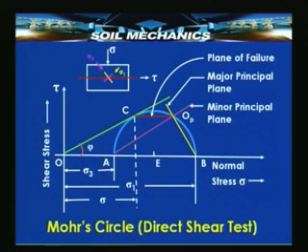Then we also saw that the results of a direct shear test can be analyzed and interpreted with the help of a Mohr circle. The principle of the Mohr circle was explained to you in great detail in one of the earlier lectures. So, today we will just quickly see a typical Mohr circle, particularly the way it looks for a direct shear test.